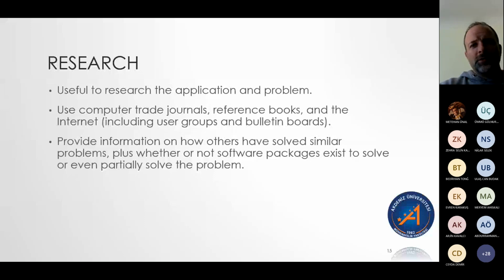What we want to do with research is systematic searching of reference materials related to what we are trying to understand, and not just any information, but information from good sources. So if you were to go on YouTube and search for whatever it is you're trying to find, you might find a lot of videos related to your topic.